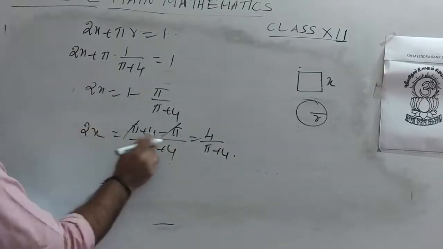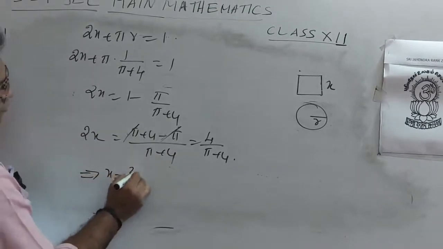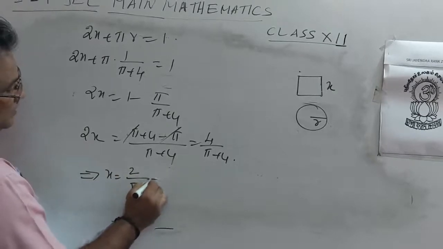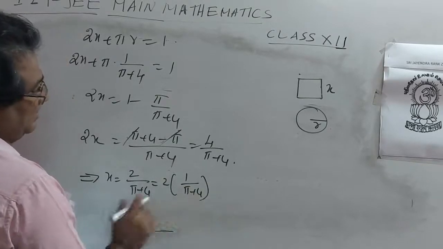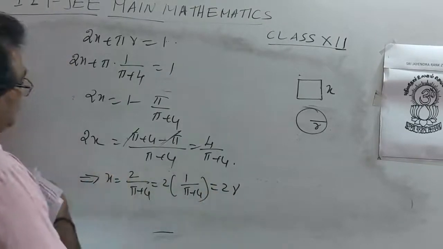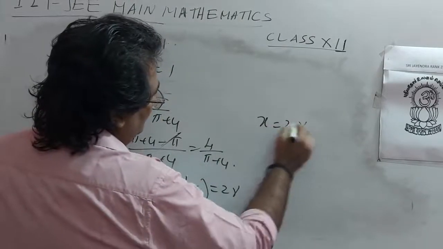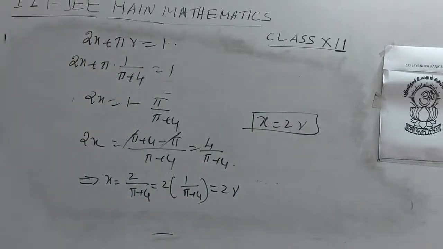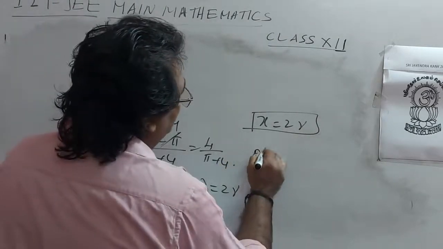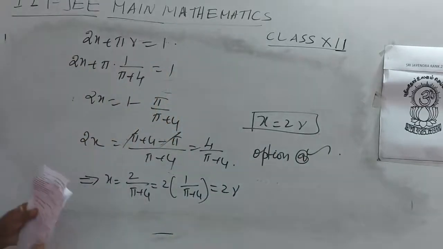So 2x equal to 4 by pi plus 4, x equal to 2 by pi plus 4, that is 2 into 1 by pi plus 4, which is nothing but r. So x equal to 2r. So option A is correct.